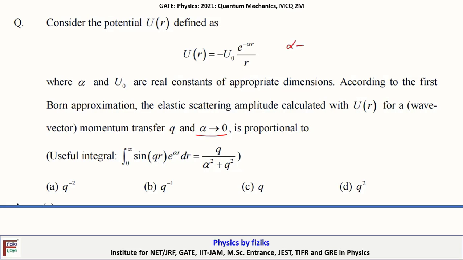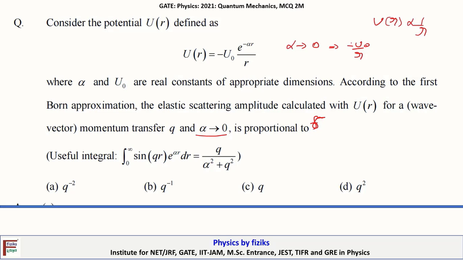When alpha is tending to 0, that means my potential is of the form minus U0 by r, a Coulombic potential. We know it from Rutherford scattering.